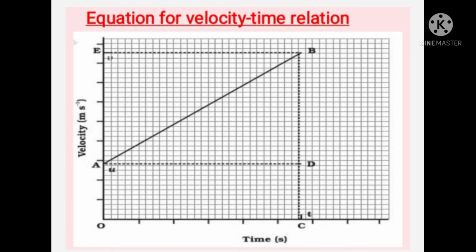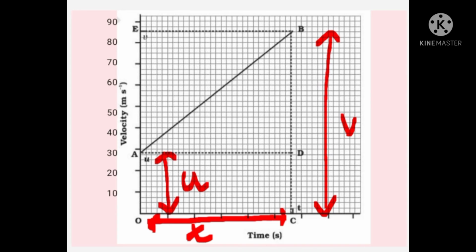Consider the velocity time graph of an object that moves under uniform acceleration as shown in the figure. From this figure, we know that the initial velocity of this object is not equal to 0. That means the object is traveling with some velocity. The same graph is given here, but I gave some values for velocity on the y-axis for better understanding.